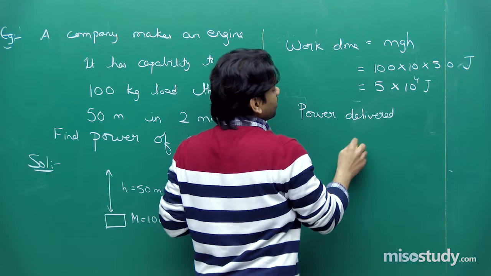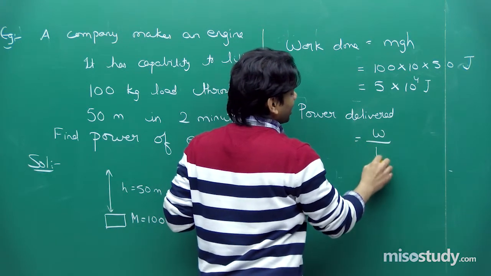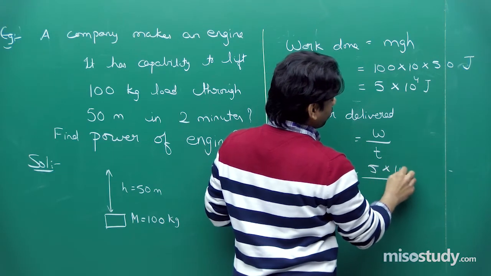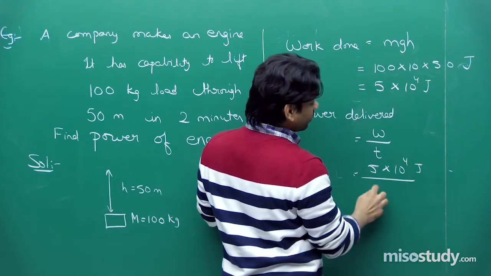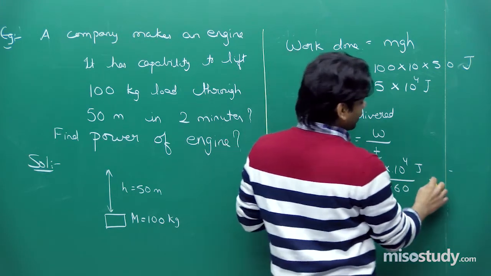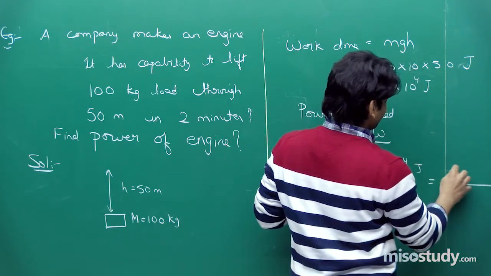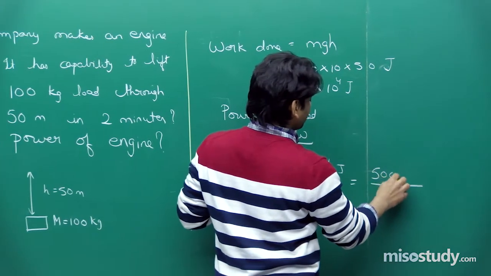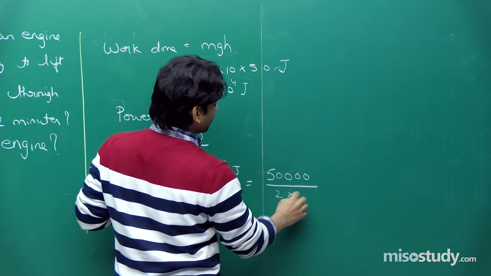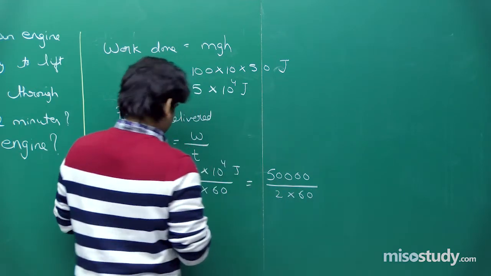So power delivered by the engine will be equal to work done divided by time taken. This will be simply 5 into 10 to the power 4 joules divided by 2 minutes, so 2 into 60 seconds. How simply we can evaluate? We can write this as 5 and 4 zeros over 6 into 2, 12. Let's keep it in this way and further simplify this.